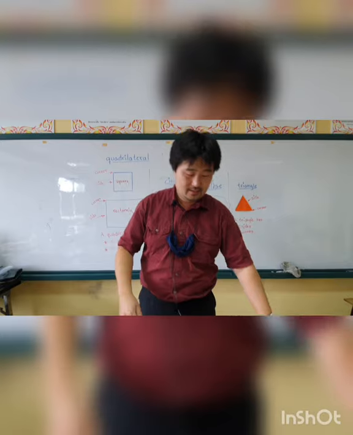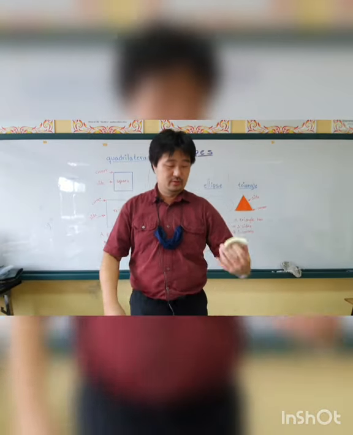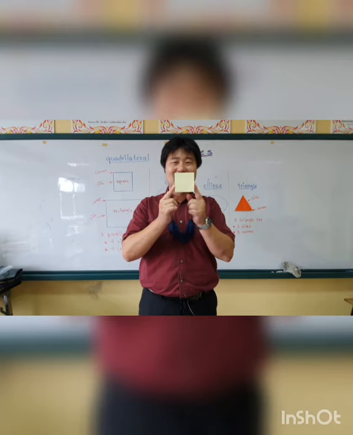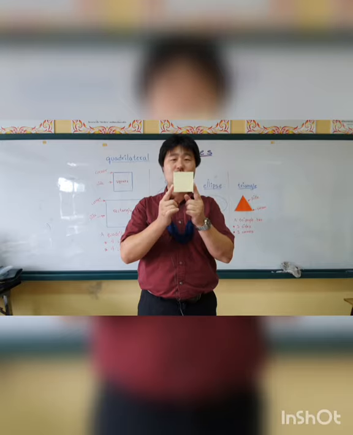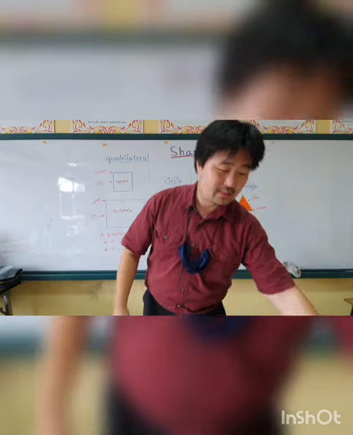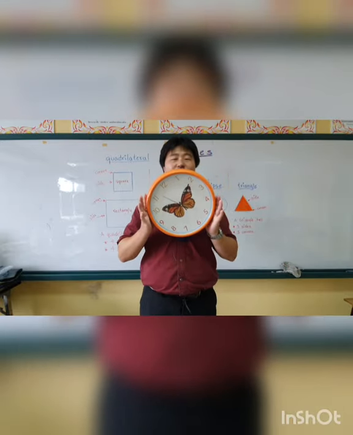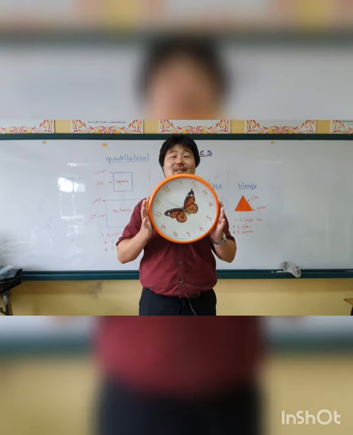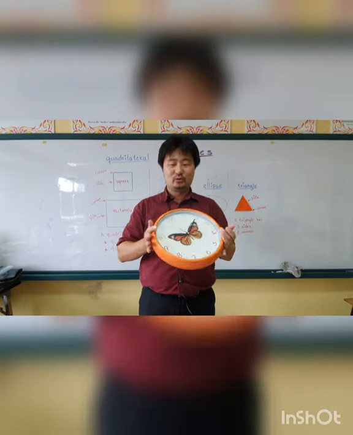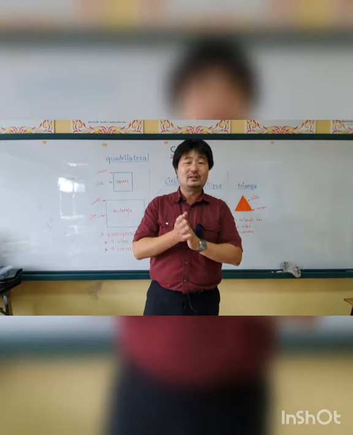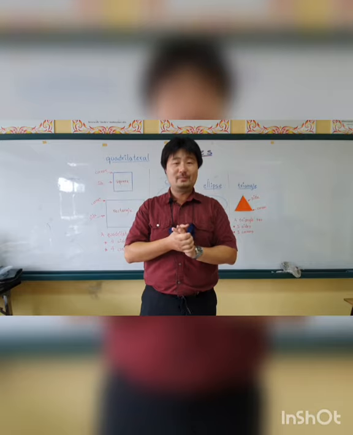That's correct. And the notepad, what shape is that? Square, yes. And also quadrilateral. Good. And I have one more item. What shape is this clock? You are correct. It's round. Good job. So now let's talk about the definition of each shape.